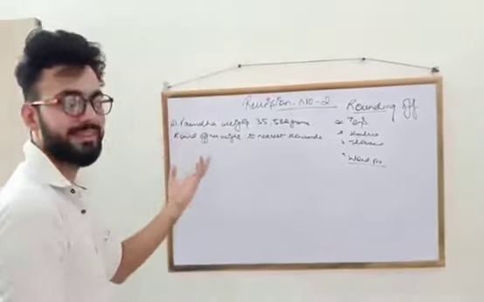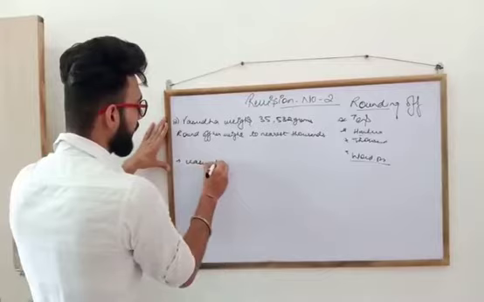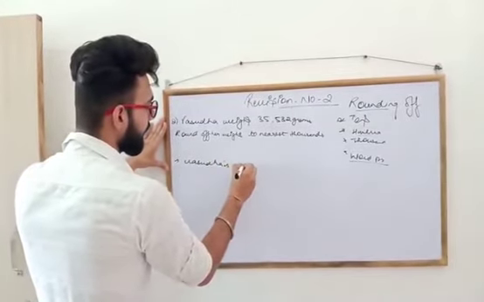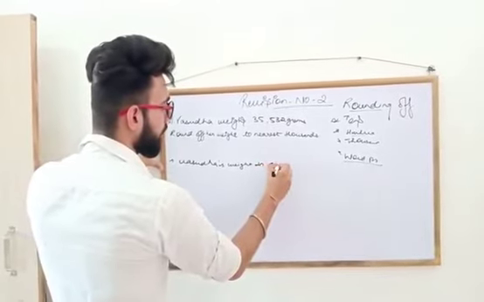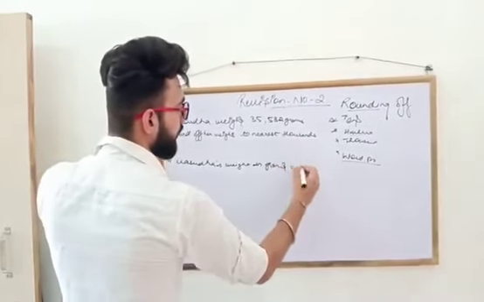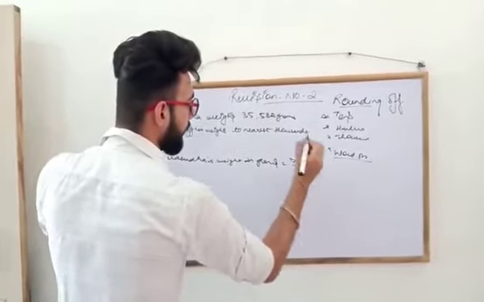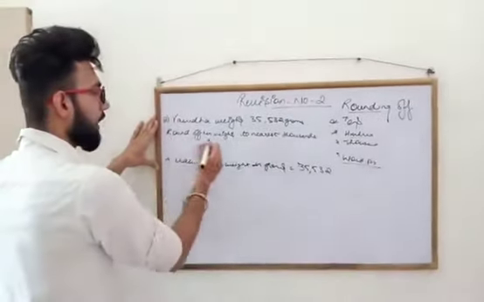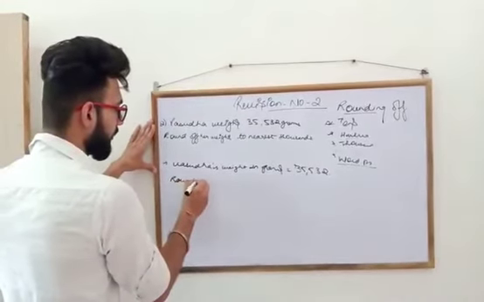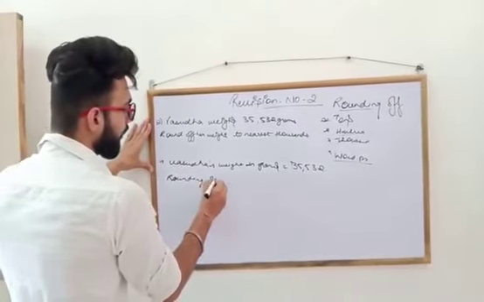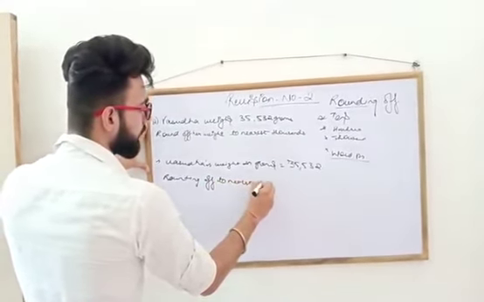First we'll write the basic statement: Vasudha's weight in grams is equal to 35,532. Now we'll write rounding off to the nearest thousands.